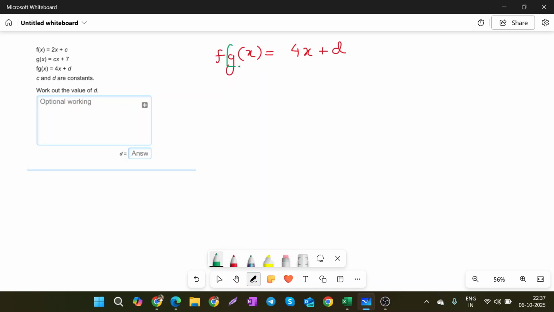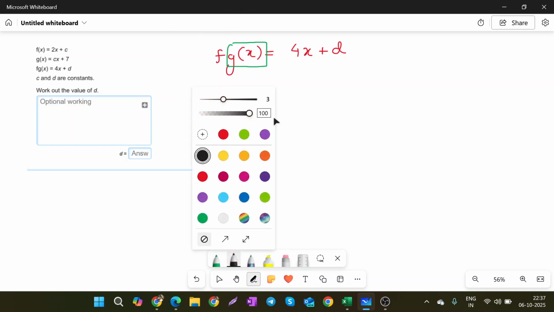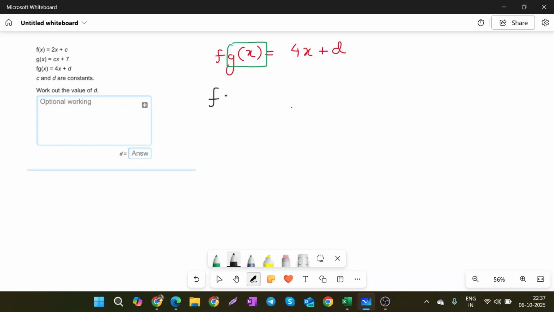So if you look at the first part, which is g of x, I could think of this as f of, and then g of x is cx plus 7. Okay, now if we look at the machine f, what does it do?